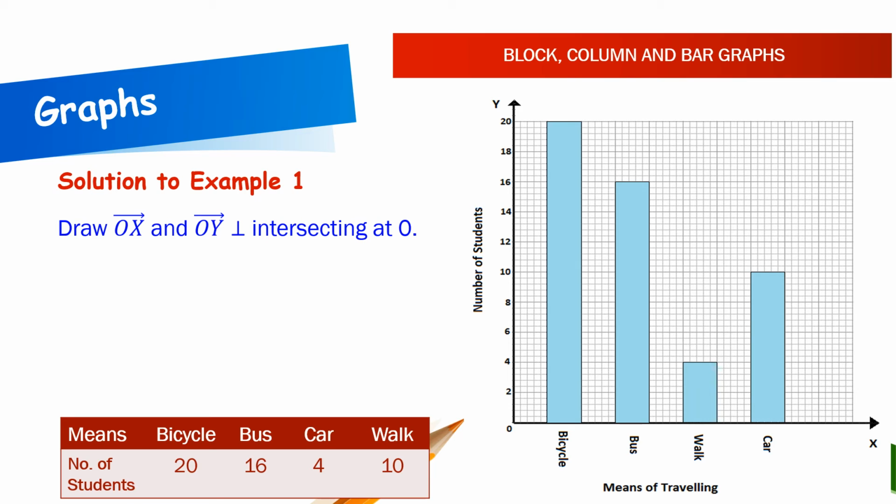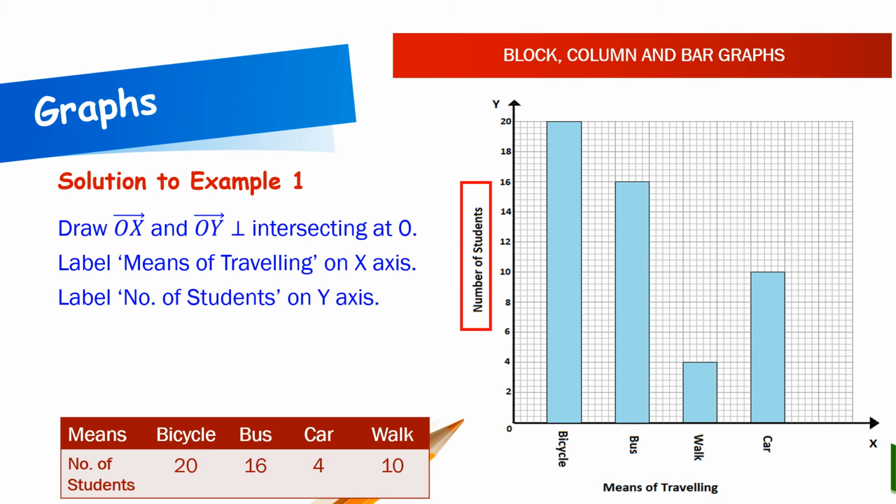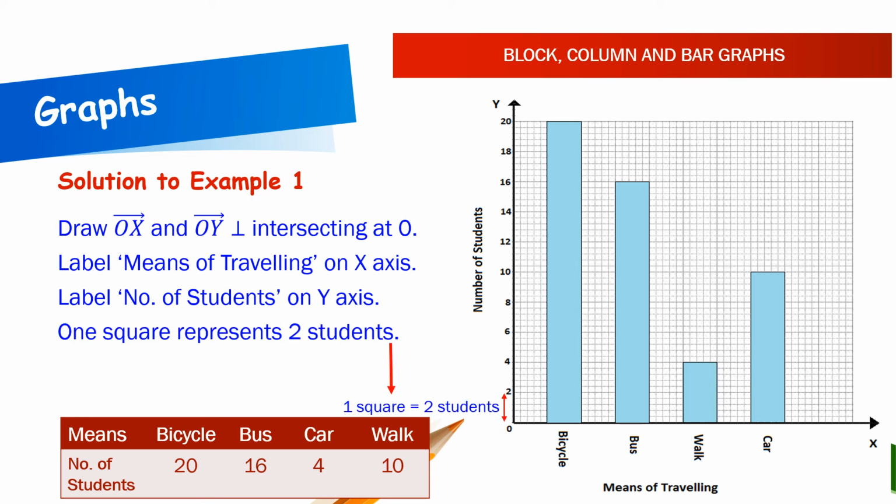The OX and OY axes are perpendicular and intersect at 0. Here's the y-axis and here's the x-axis. The label means of travelling is on the x-axis as shown, and the label number of students is on the y-axis. 1 square represents 2 students.